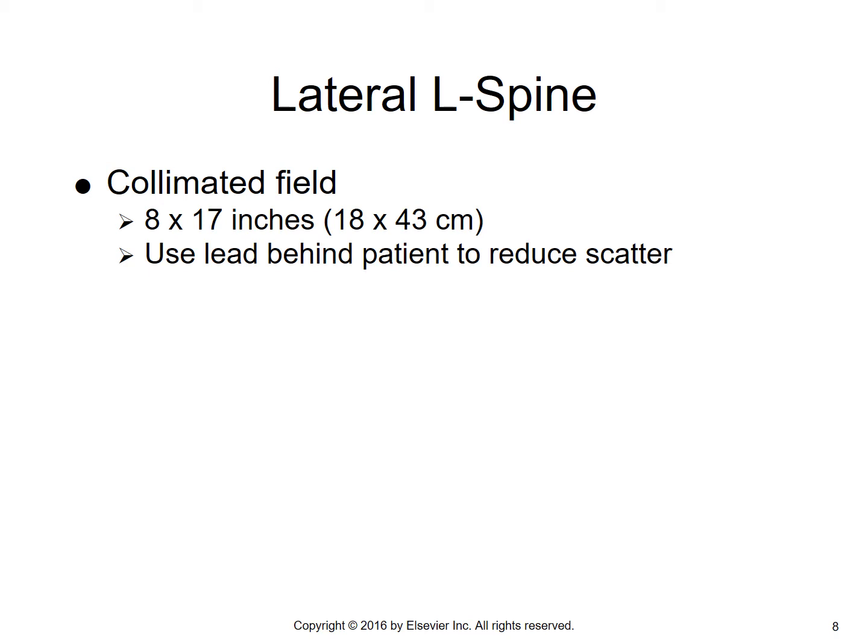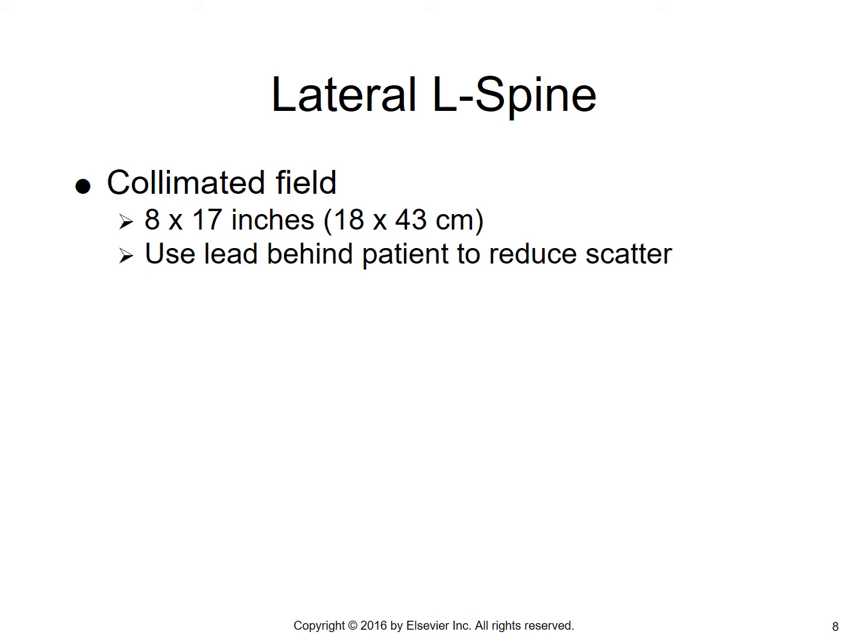This is going to help reduce scatter, which would be reaching the detector and perhaps prematurely cutting off the exposure. Remember that as the part size increases, you generate more scatter, and if you can get rid of that, that would be great.